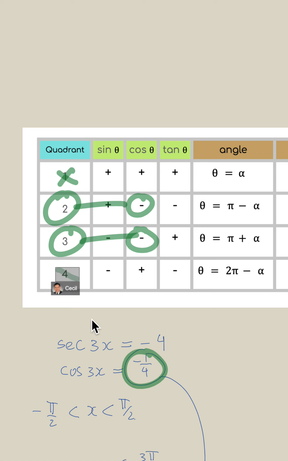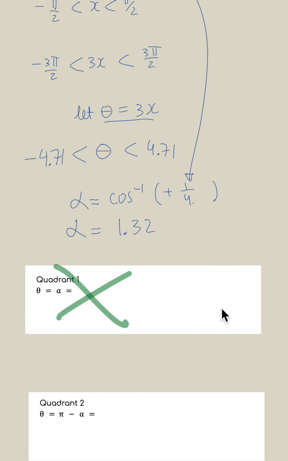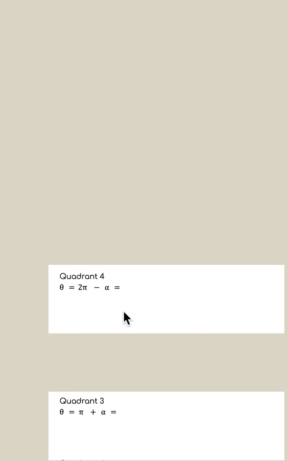So don't choose quadrant 1 and quadrant 4. The angle for quadrant 2 is theta equals pi minus alpha, and for quadrant 3 theta equals pi plus alpha.